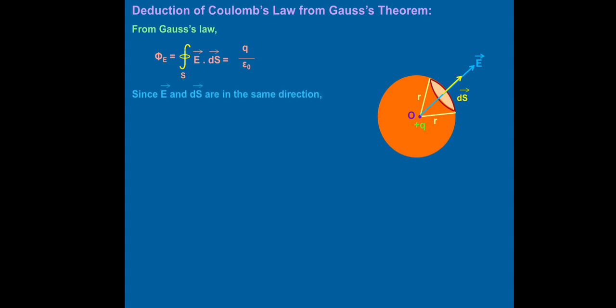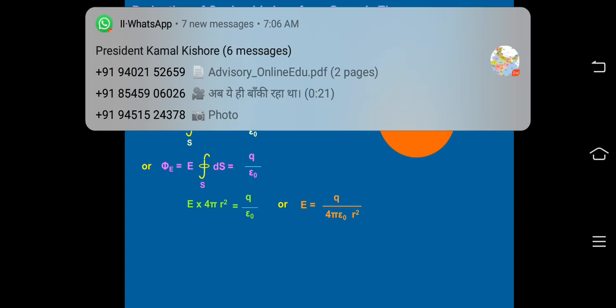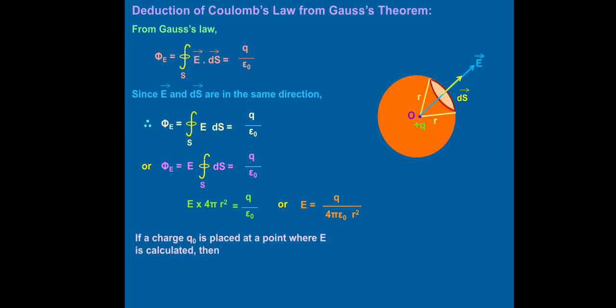Since E and ds are in the same direction, phi will be q upon epsilon naught. Now we can find the electric field. Just reversing this, the electric field will be equal to 1 by 4 pi epsilon naught q by r square. This is the electric field.